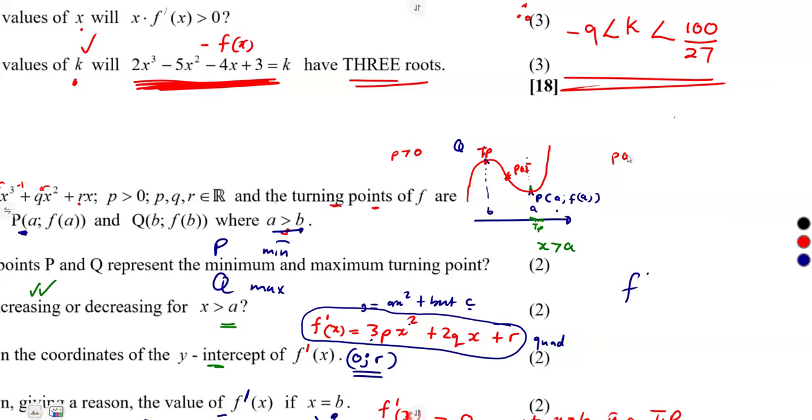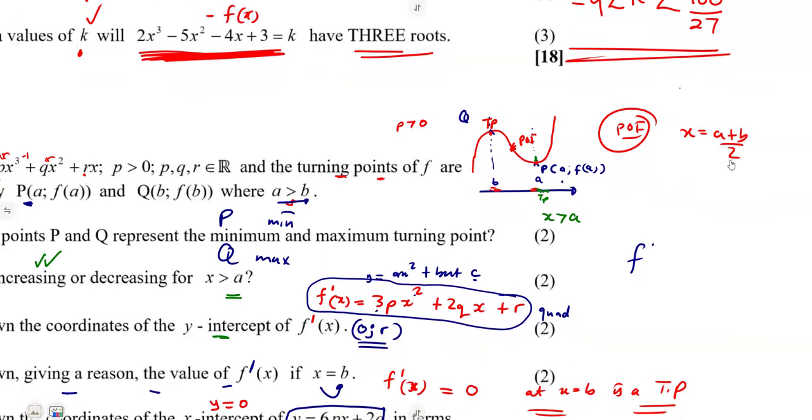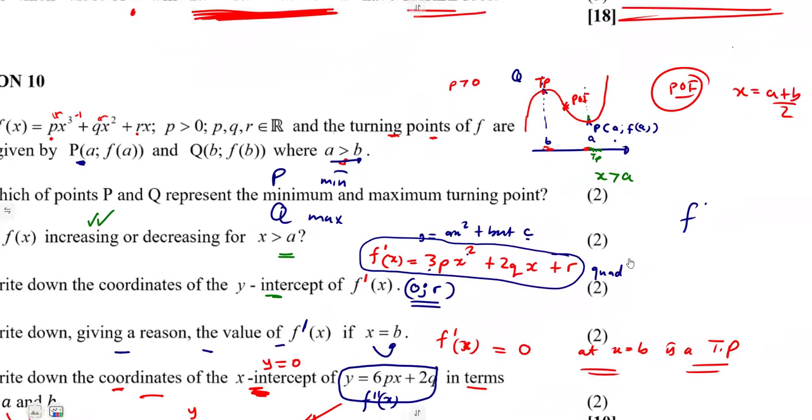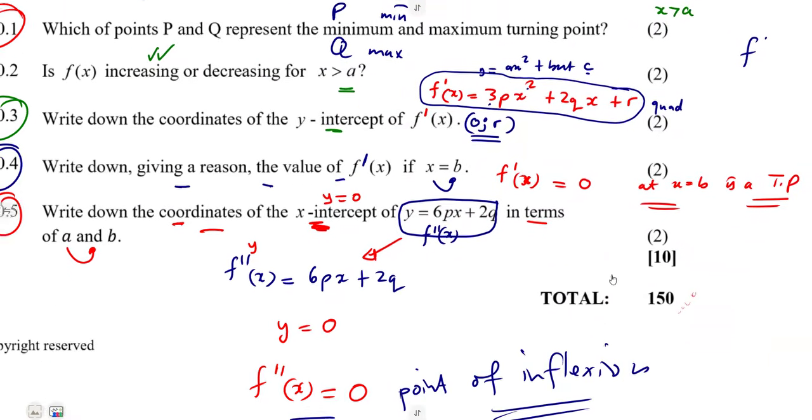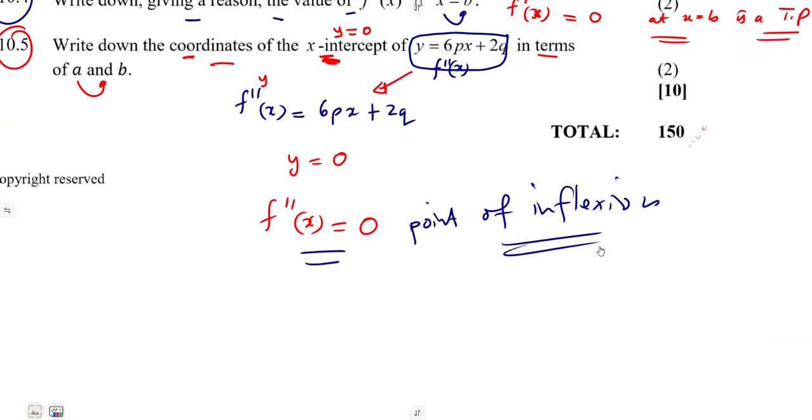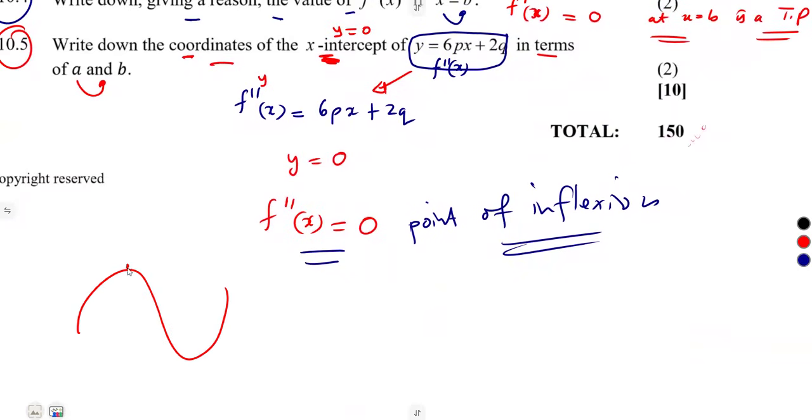So at the point of inflection, x is equal to the average of these x values at the turning points. The average, that's a plus b over 2. The average of the turning points gives us the point of inflection. All right? So it's another aspect, very, very important for you to understand. You're simply going to use the average concept from the turning point concept.